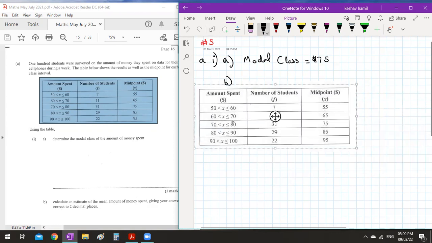We need to fill in the column fx, so we're multiplying.